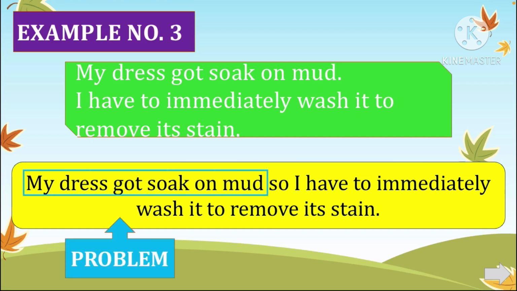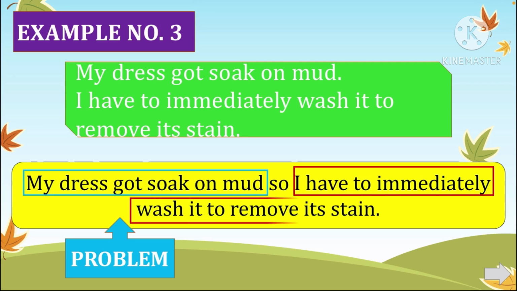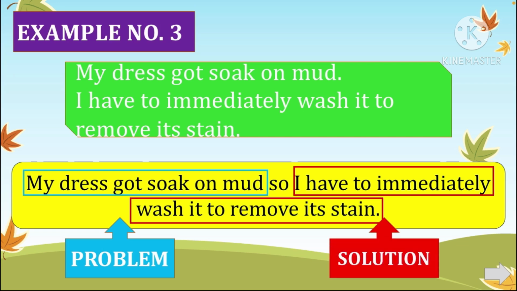Okay, my dress got soaked on mud. That is our problem. And the solution is I have to immediately wash it to remove its stain. And the coordinating conjunction is the word so.